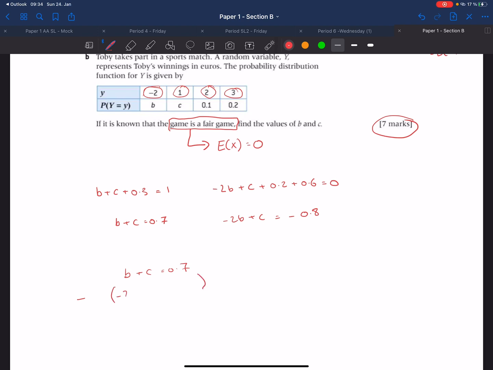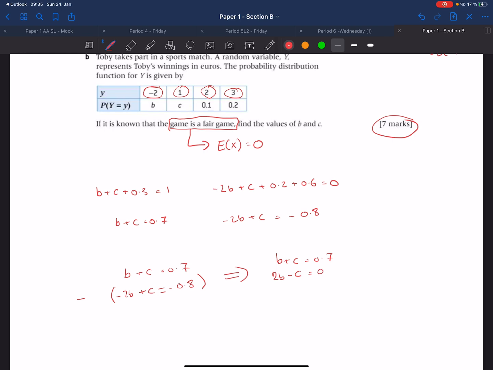So minus 2b plus c, and that equals minus 0.8. The first thing I'm going to do is take my time and multiply through by that negative. So b plus c equals 0.7. And now I've got a positive 2b minus c.